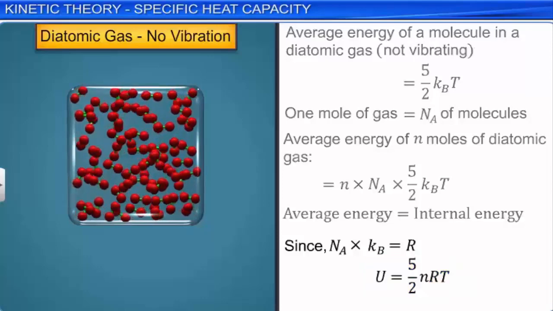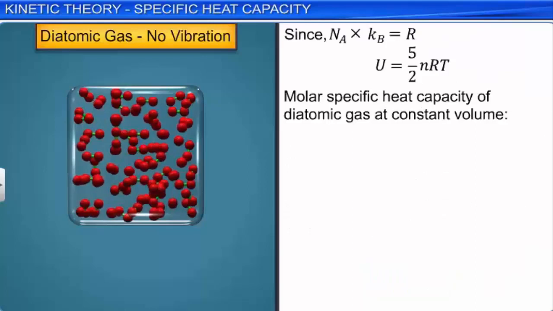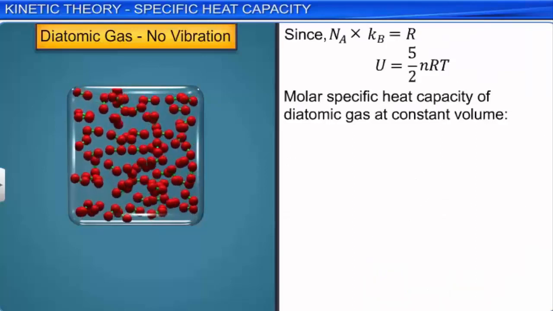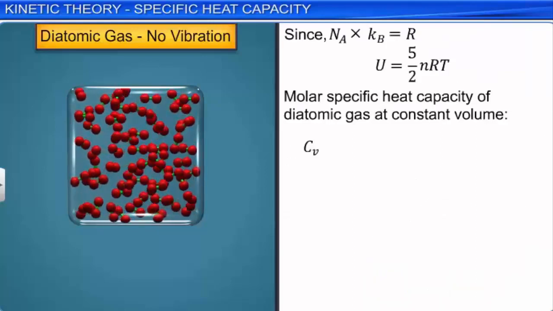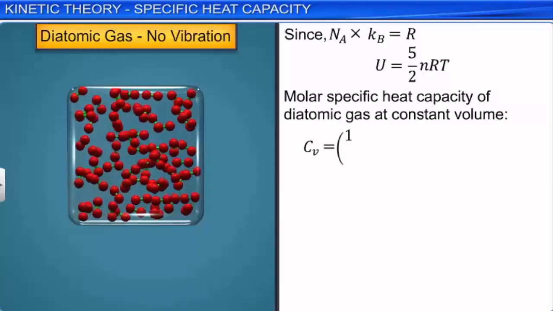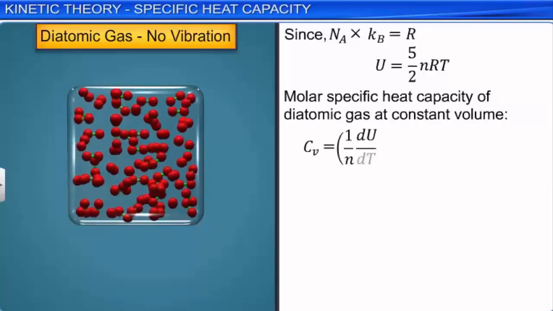The molar specific heat capacity of a diatomic gas at a constant volume, Cv, is equal to 1 by n multiplied by dU by dT.